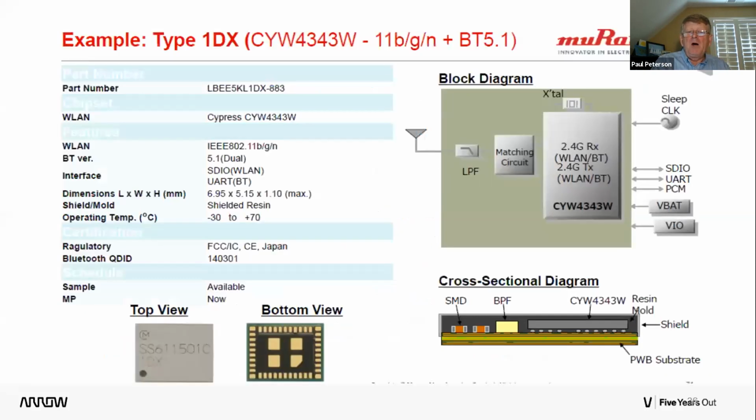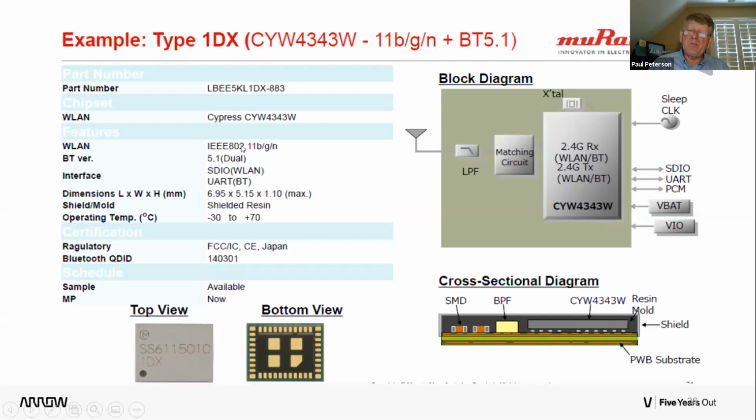Okay. I also want to mention there are modules, and one of the things that's interesting is you will see modules that combine both Wi-Fi and Bluetooth. So I wanted to highlight this one because it's a relatively new module that puts Bluetooth, in this case 5.1, as well as Wi-Fi in a single chip solution.